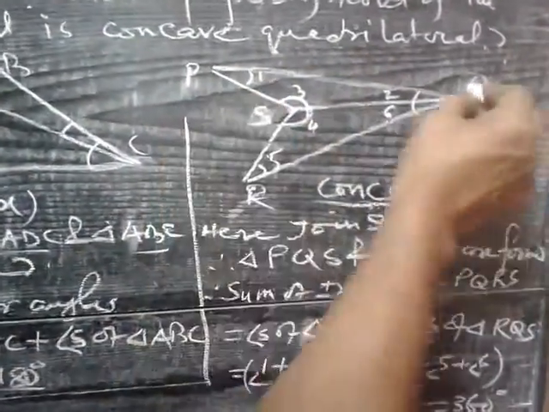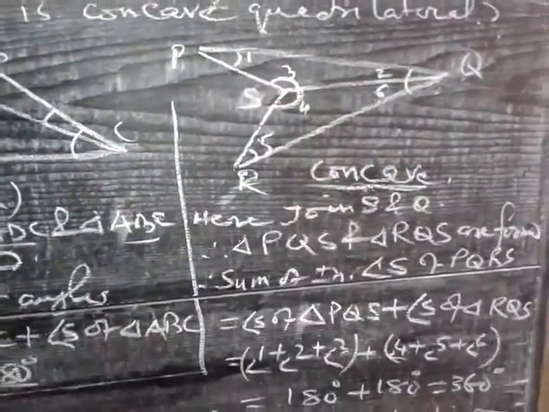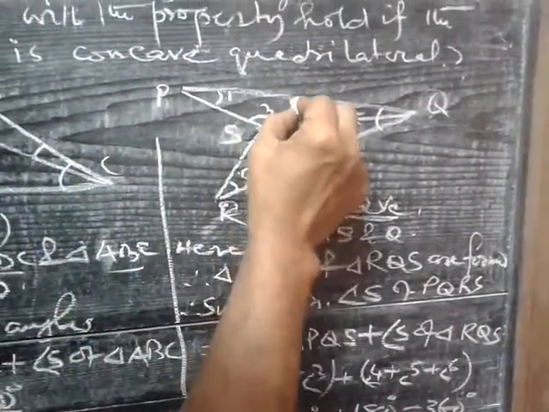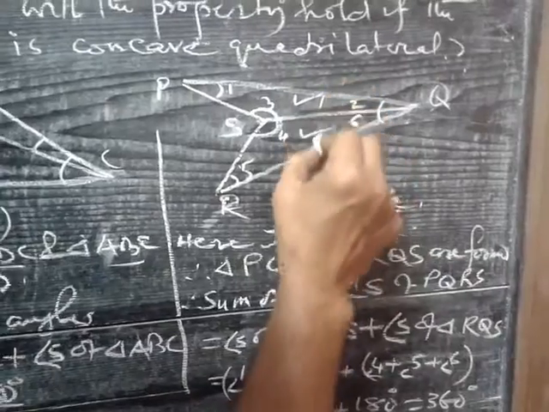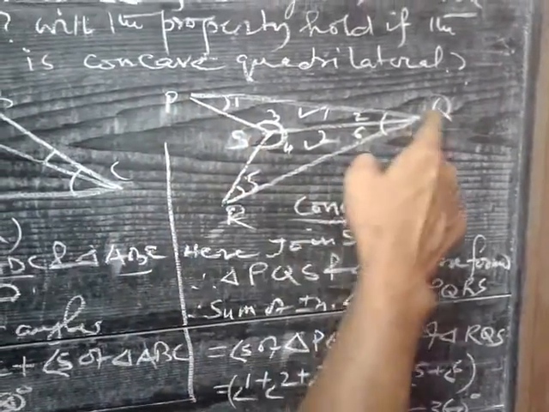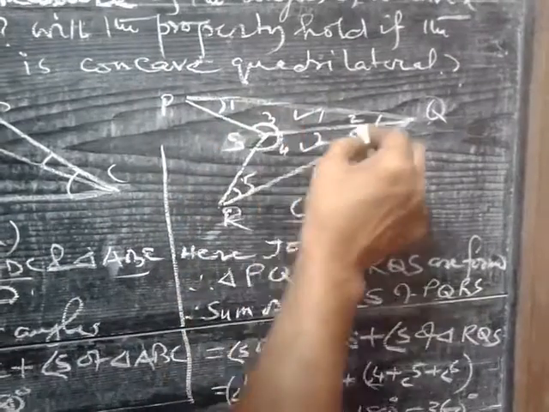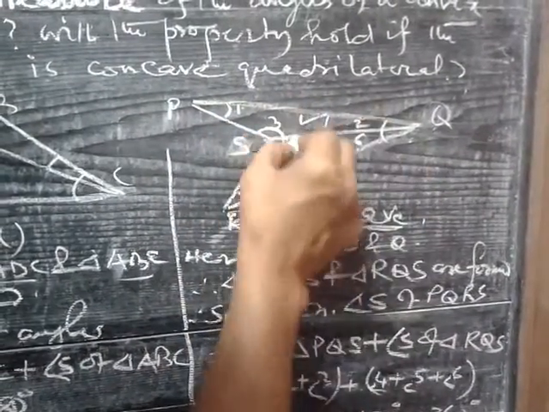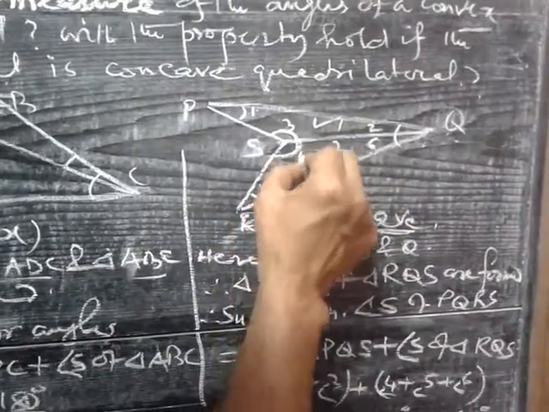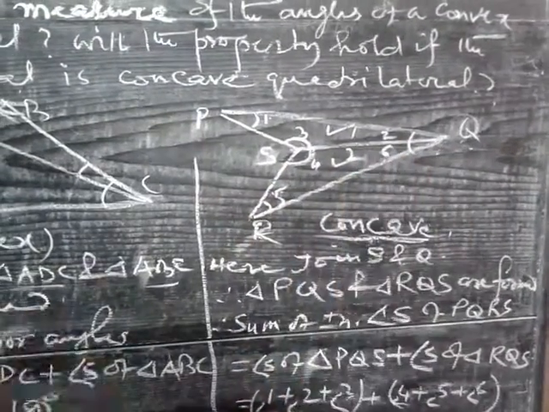So I have taken PQRS as a concave quadrilateral. Join S and Q. Two triangles are already formed over here. Within triangle PQS, suppose angles 1, 2 and 3 are formed, and in RQS angles 4, 5 and 6 are formed.